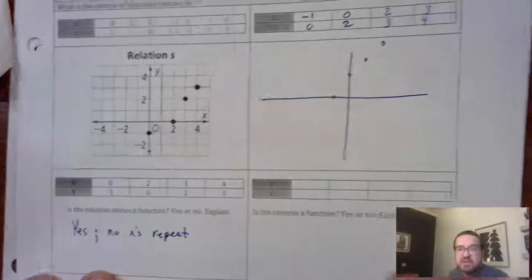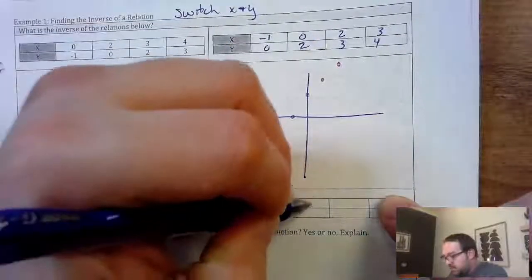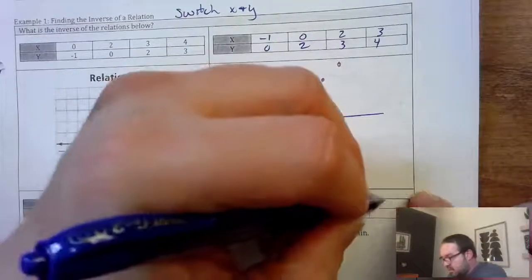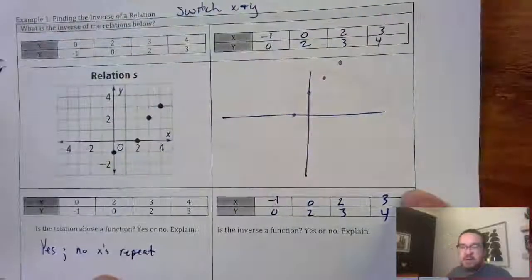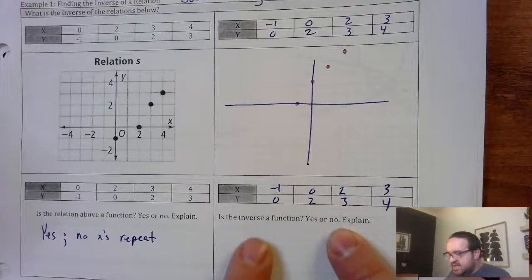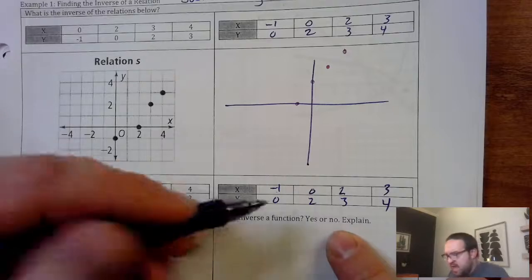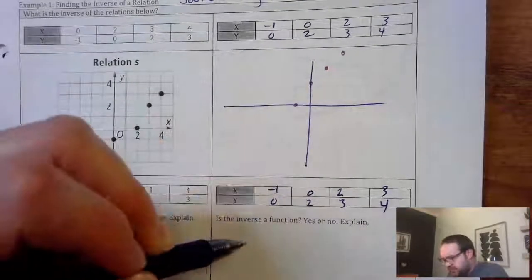Here, again, I'm just going to copy down my ordered pairs from above, because that was just switching it. But now the question is, does this inverse also pass the vertical line test? And you can see, because I switched it, that it also passes.